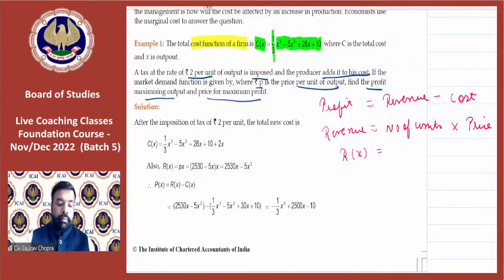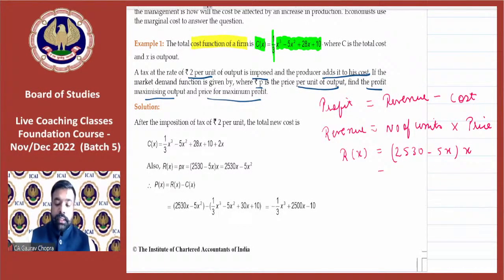Now what is the number of units? Let us take the number of units as x, and the price is 2530 minus 5x.